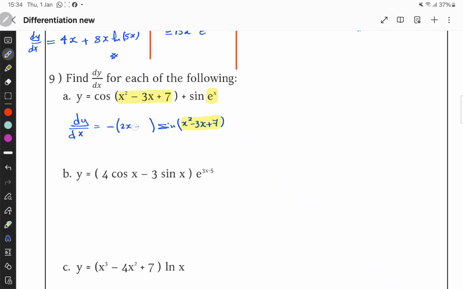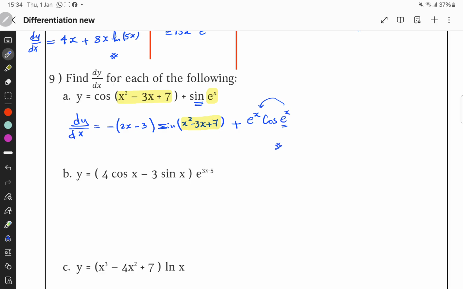Differentiation of negative 3x will be negative 3. Plus, now we start to differentiate sine. Derivative of sine will be cosine. That is my angle, times derivative of inside. For e, it's copy-paste, and the derivative of the power here is 1, and that is the final answer.